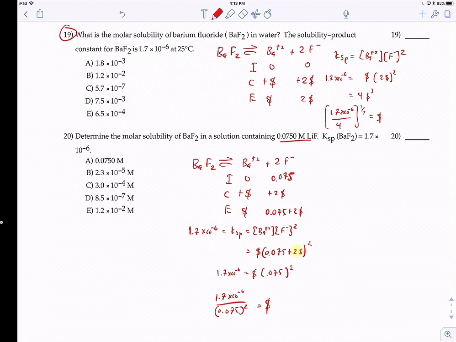In the second one, it's a common ion, so include the common ion in the initial conditions and discount the 2s on the fluoride, which gets rid of that term and makes the calculation much easier. Number 20 is actually an easier question than 19.